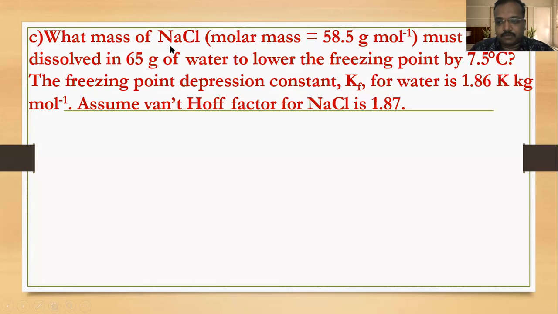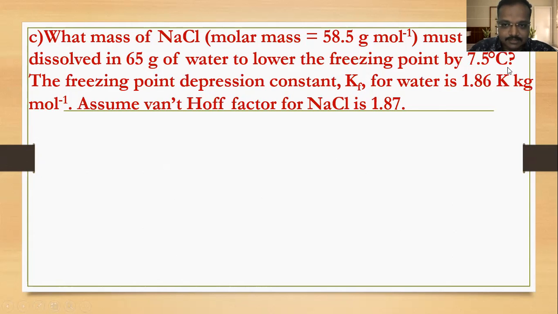In the question, what is required to find out is W2 only. It must be dissolved in 65 gram of water to lower the freezing point by 7.5 degrees Celsius. So W2 we need to find out when we are adding NaCl. How much NaCl we do not know; only the molar mass is given.